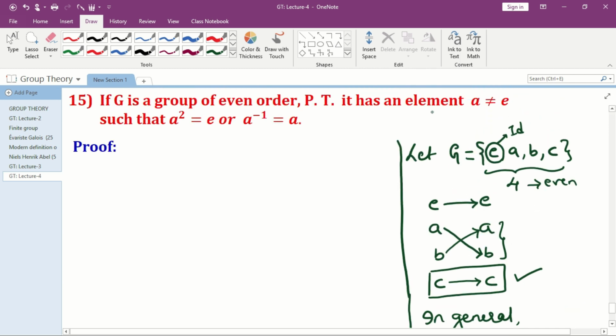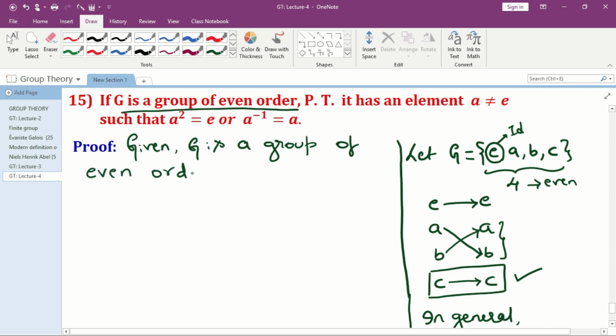So we shall prove this problem. Before that, what is given? We shall write what is given. Given: G is a group of even order. I hope you understood that the number of elements of G must be even.